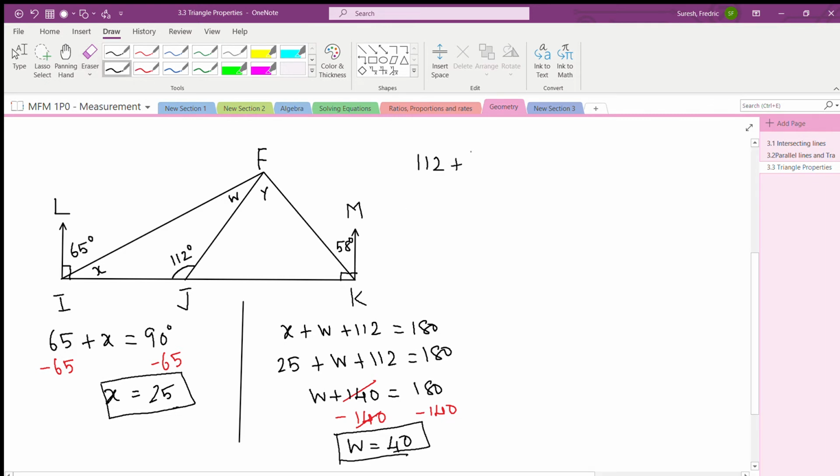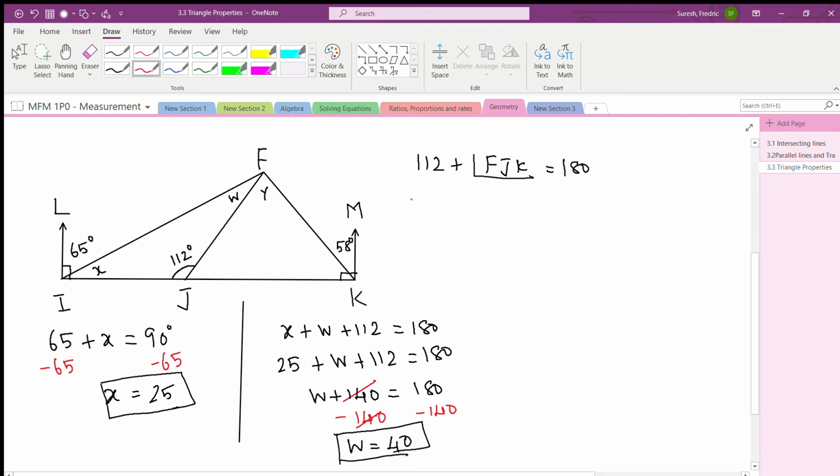112 plus the angle FJK. They are supplementary angles, adding up to 180.